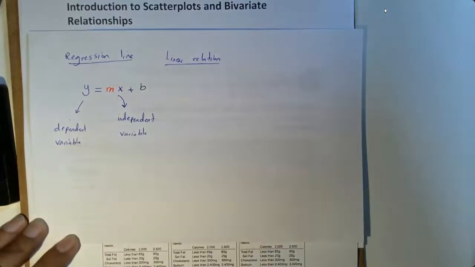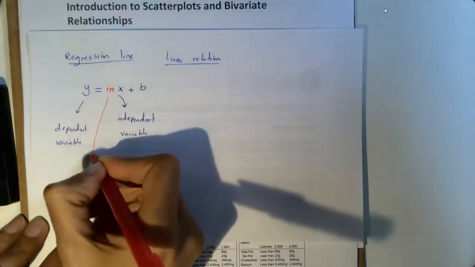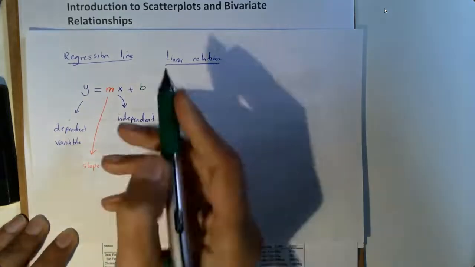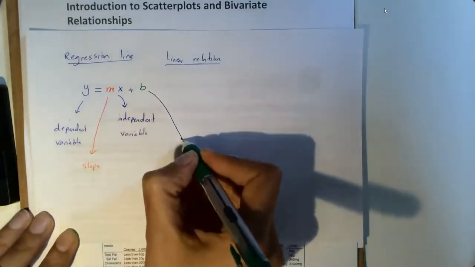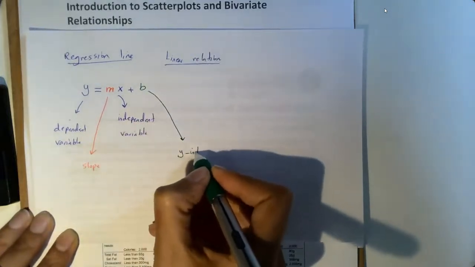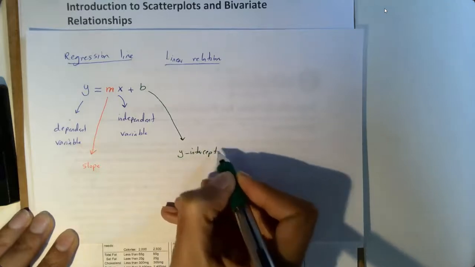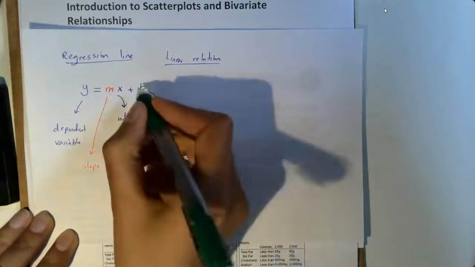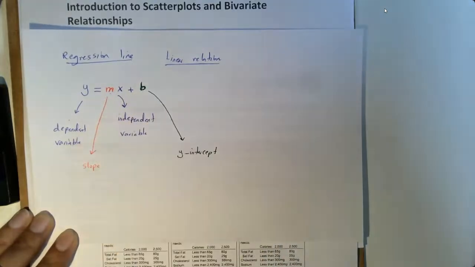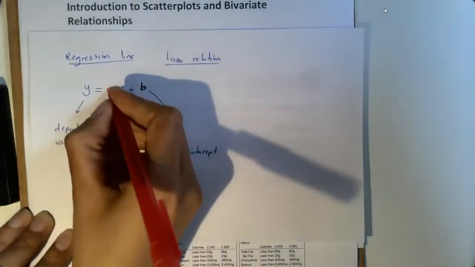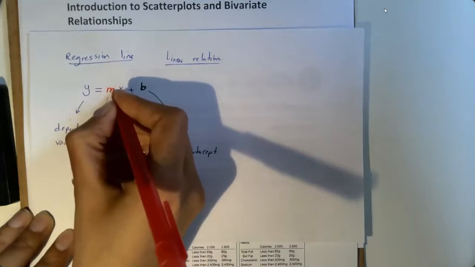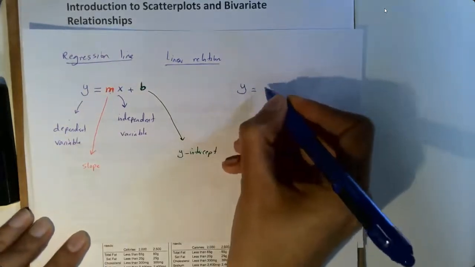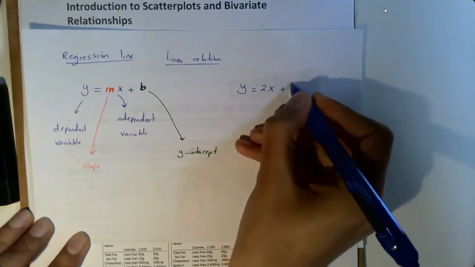In any case, m, the slope of the line, is a number, and b is called the y-intercept. M and b, these two are both numbers. For example, you might see linear relations like y equals 2x plus 1.